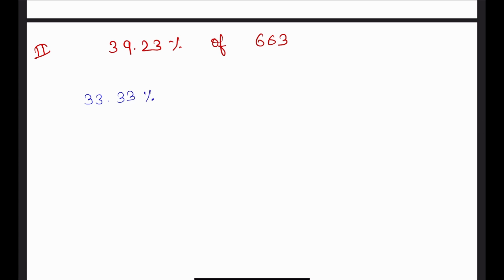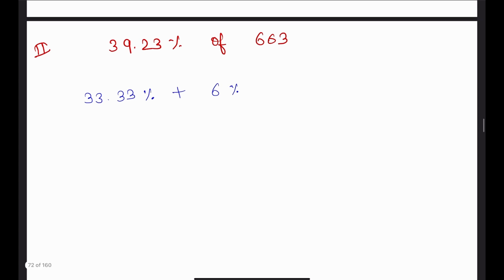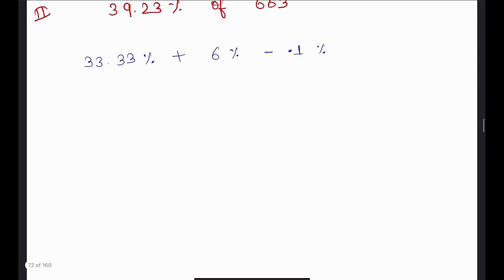33.33% plus 6% will already make it 39.33, but we want 39.23, so 0.1 we will just minus, right? And if we do this much, this is 1 by 3 of 666, 1 by 6 is nothing but 2 by 5, or 1%, we can think 1% is 6.63.